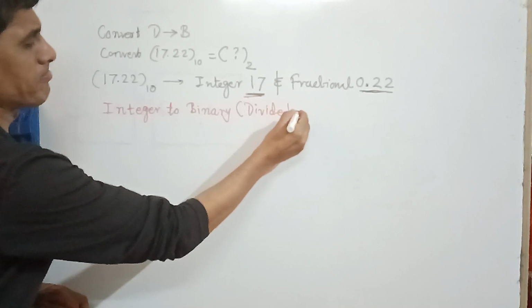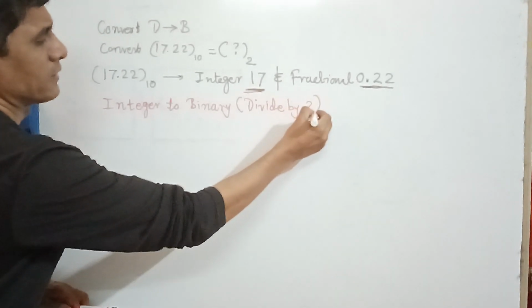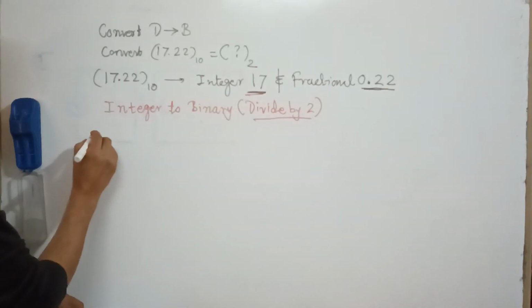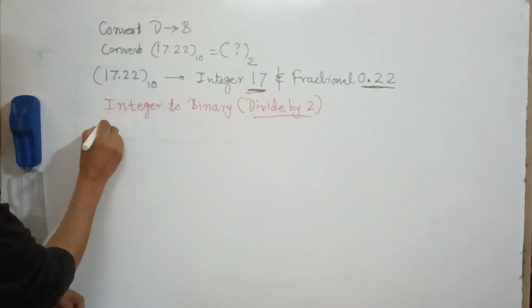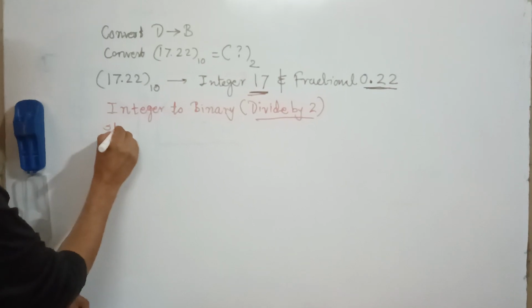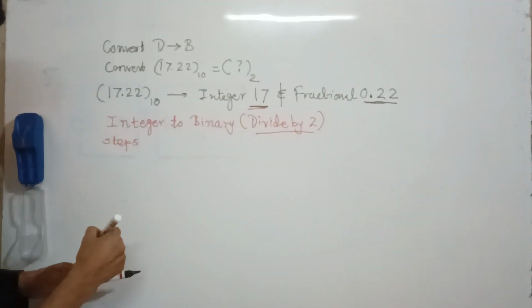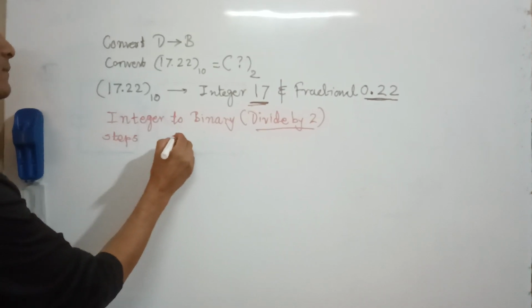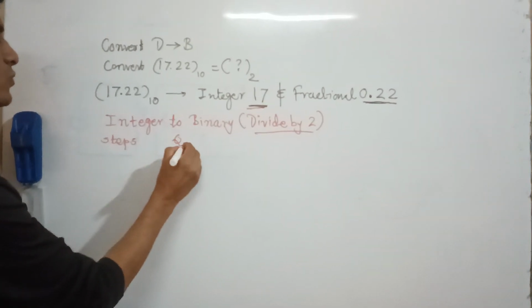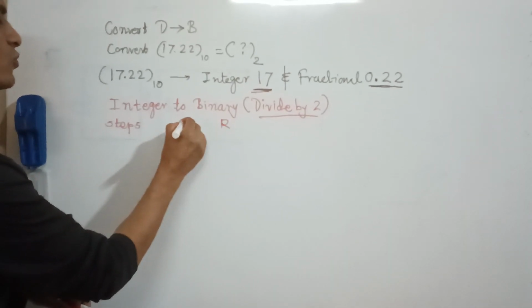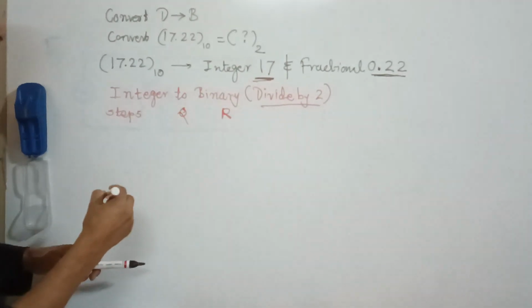Here I will write steps, then quotient and remainder. Q for quotient, R for remainder.